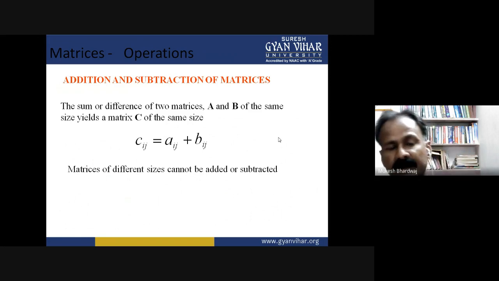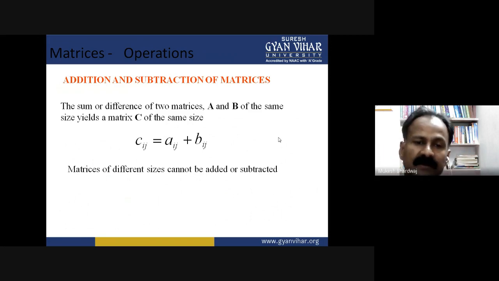So the resultant matrix is of the same order as A and B, which are added or subtracted. Matrices of different sizes cannot be added or subtracted. So the principal rule for addition and subtraction is that the order of the two matrices must be the same. So it's very obvious that matrices of different sizes cannot be added or subtracted.